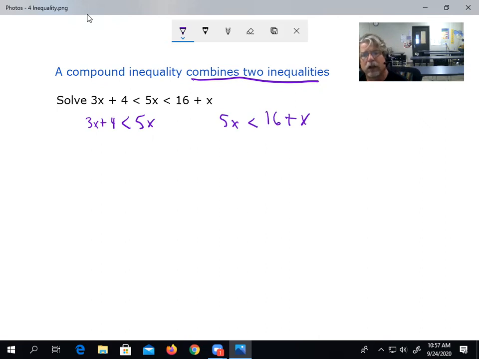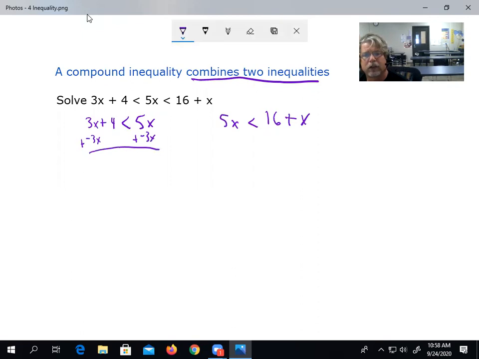So again, to solve problems like this, remember we solve them just like equations. Notice how the left-hand side is simplified, the right-hand side is simplified. But now we have to get the variable on the same side. So we pick out what's called the little guy. The 3x is smaller than the 5x, so we zero it out. I add a negative 3x over here, but also got to add a negative 3x on this other side as well.